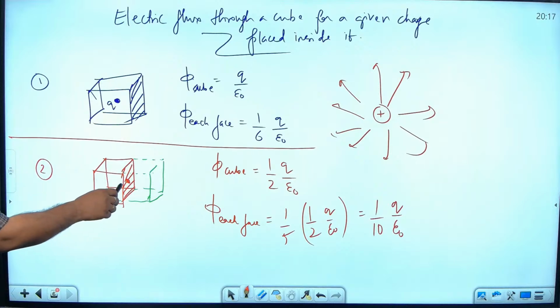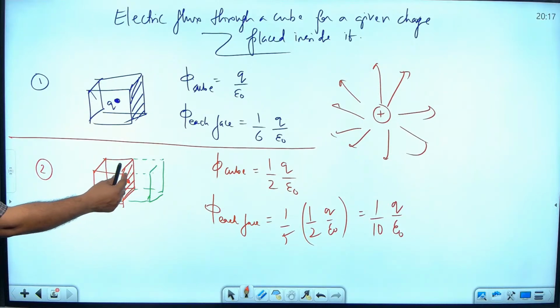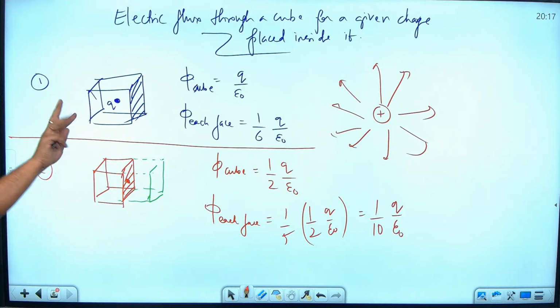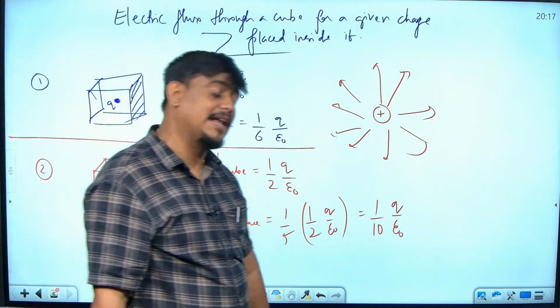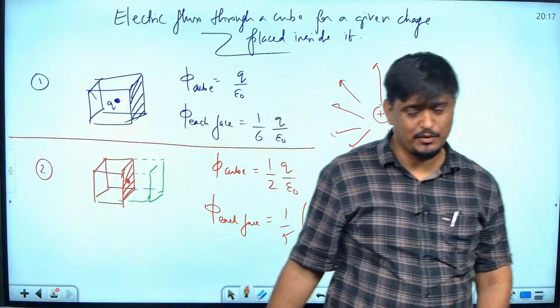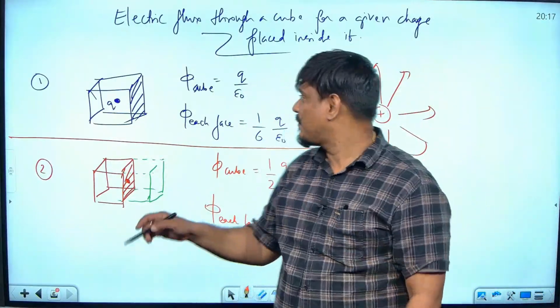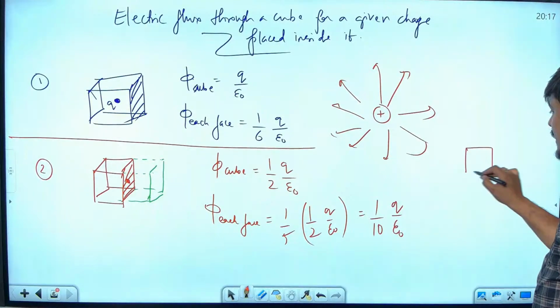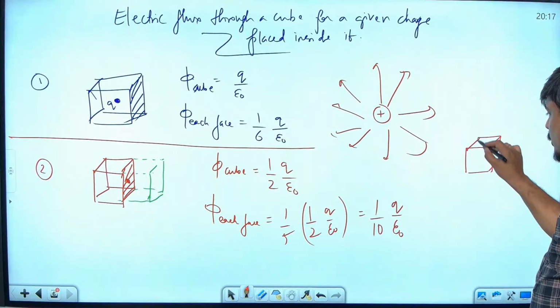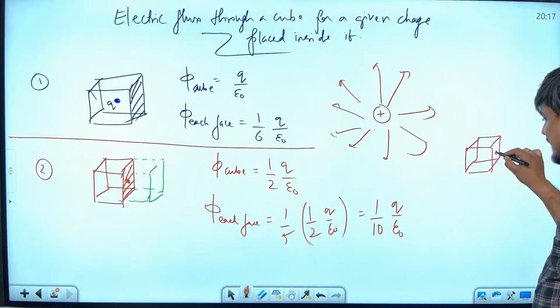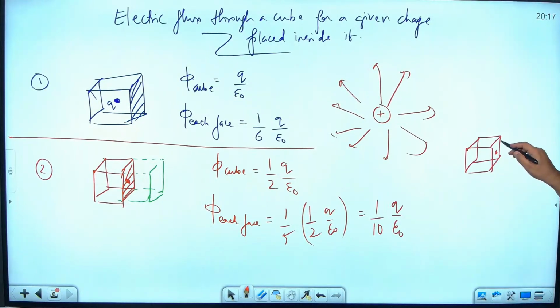If it is placed on one face, I am not considering that one. Suppose the charge were kept in the corner, then these 2 I will not consider. If the charge were placed at the vertex, 3 I will not consider. I will repeat, it is confusing. In a cube, if the charge is placed on one face, then this face will not be considered, right?